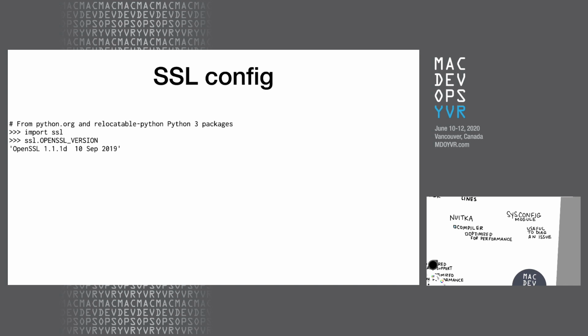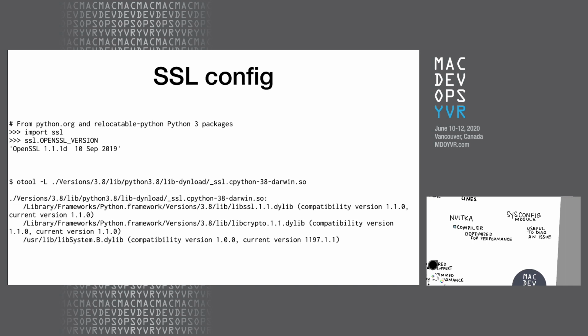This is from the python.org distribution, from the python.org installer. You can also use the otool command with -L to show you shared libraries that are linked from that binary.